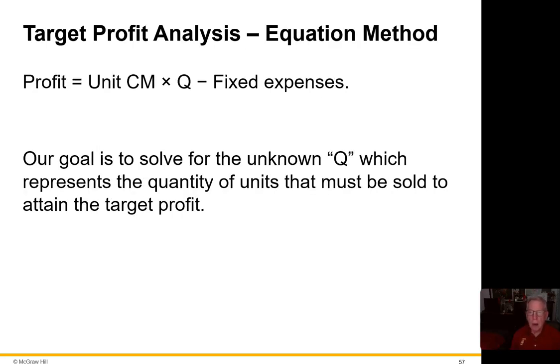So here our goal is to solve for the unknown Q, quantity, which represents the quantity of units that must be sold to attain the target profit.